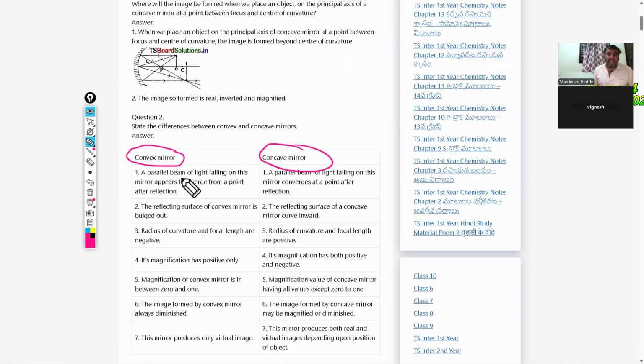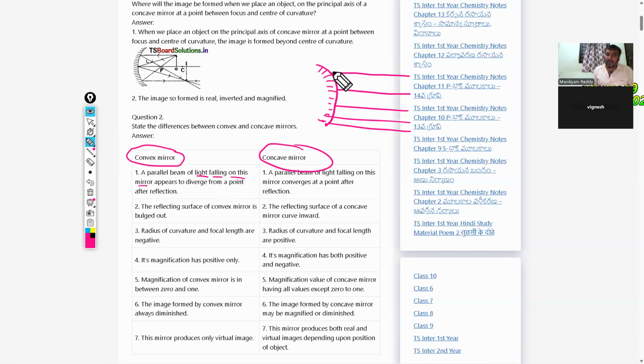A parallel beam of light falling on this mirror appears to diverge from a point after reflection. This is the concave mirror. This is the parallel beam of light falling on this mirror.